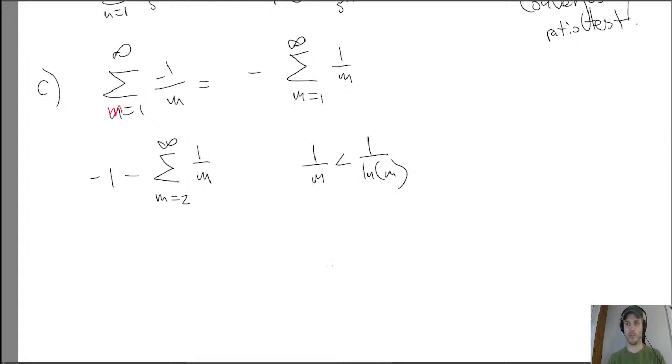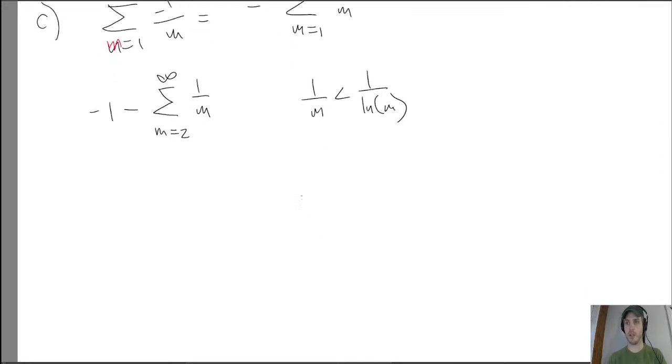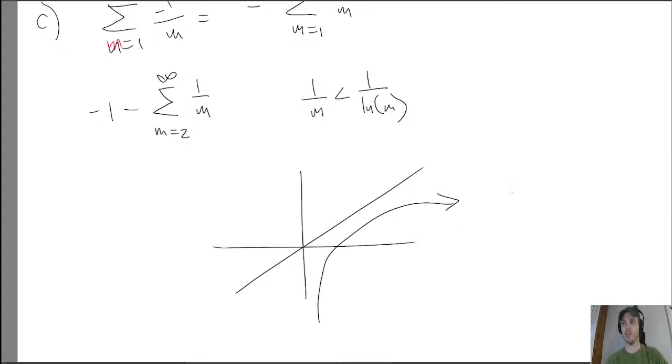So let me, if you're still with me, if you look at the graph of a linear function x and the log of x. Log of x grows slower, right? So n is always greater than log, or I guess we're using m. M is always greater than the log of m. And so if I divide both sides, since this number is bigger, that means the denominator is bigger here.